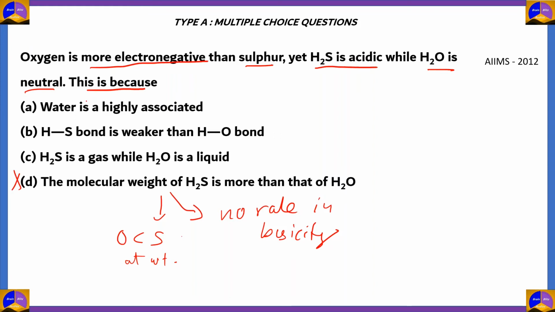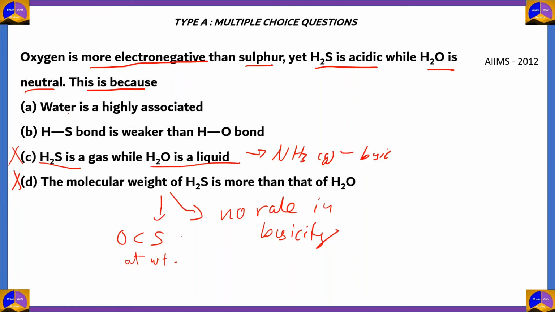Now, option C, H2S is a gas while H2O is a liquid. Just because H2S is a gas doesn't mean that it becomes acidic. For example, NH3, which is a gas, is basic. So therefore, since H2S is a gas while H2O is a liquid, this is not a reason for the acidity of H2S. So option C is incorrect.